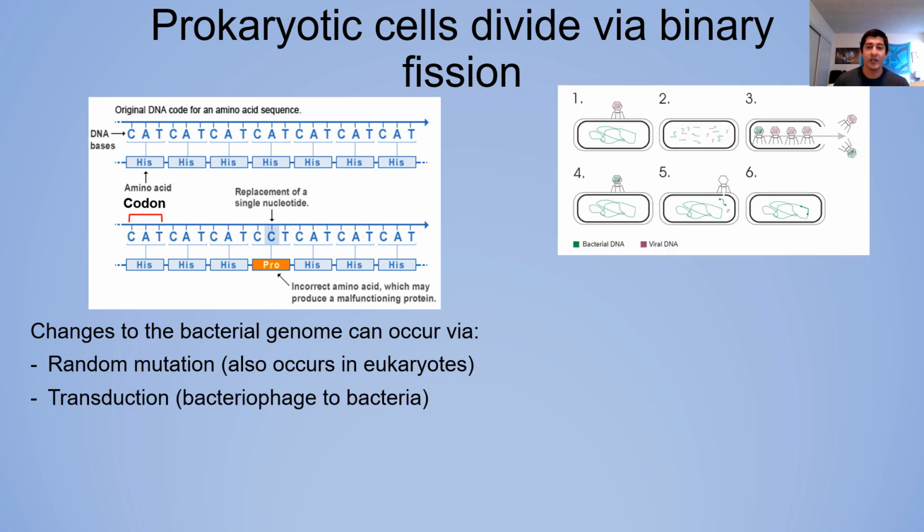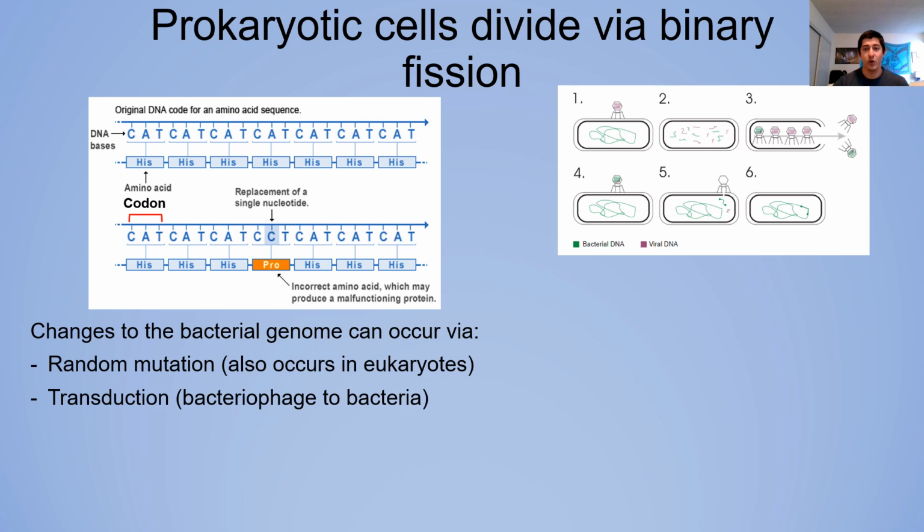Transduction is another way, which is the transfer of genetic material from some type of bacteriophage, like a virus, to a new bacteria. So in this example, a virus will infect a bacteria with its own DNA, hijack that bacterial cell to produce more of the virus, and in that process, it might pick up some of the bacterial DNA.